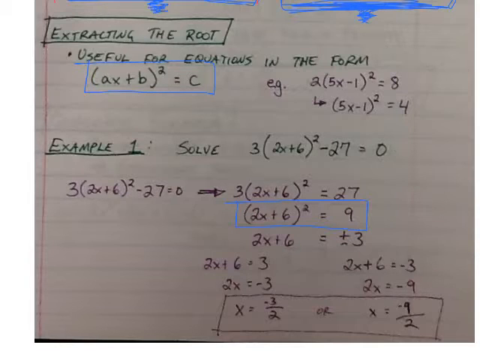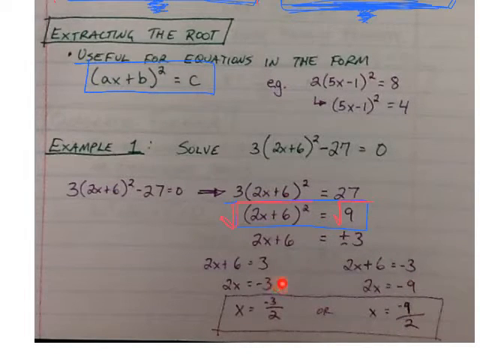The first thing we do is take the square root of both sides, and the square root cancels the square, and you're left with 2x plus 6, and the square root of 9 is positive and negative 3, which means either 2x plus 6 equals positive 3 or 2x plus 6 equals negative 3.